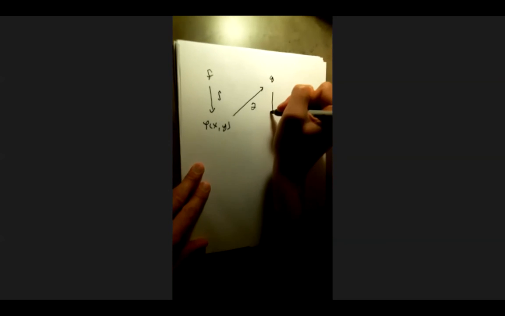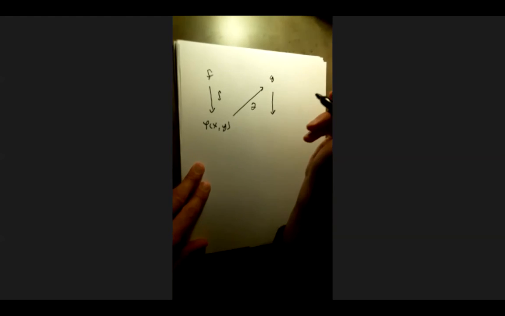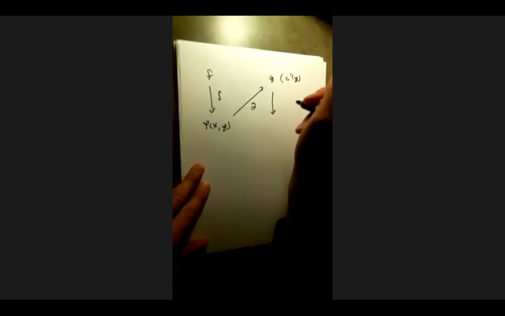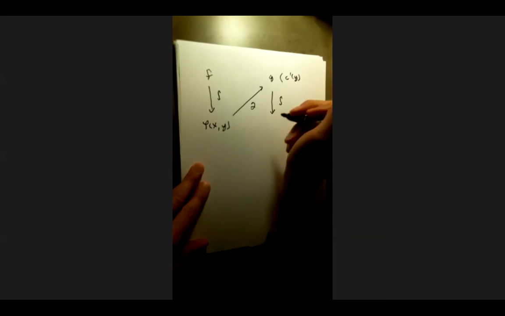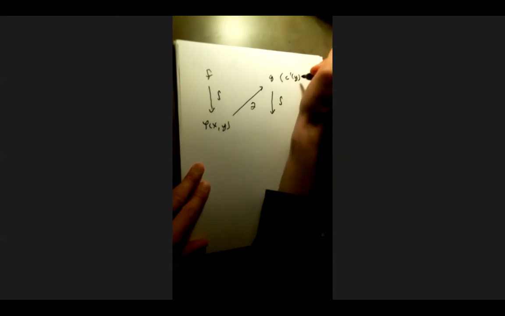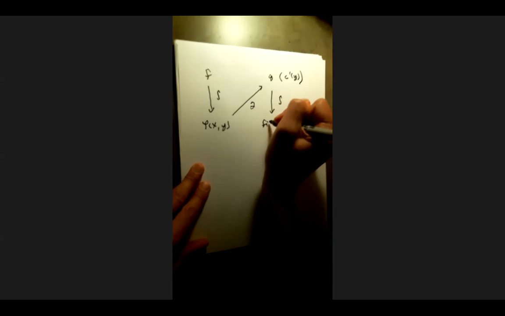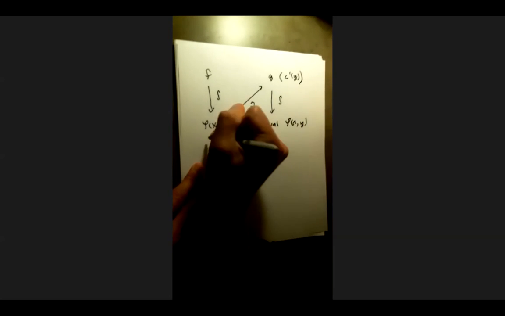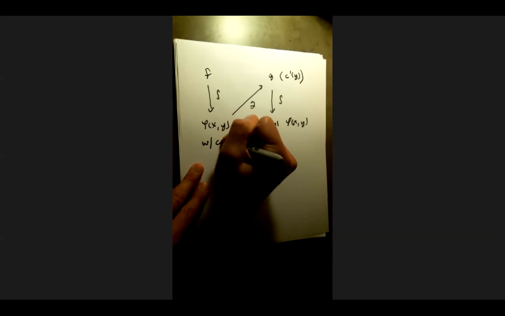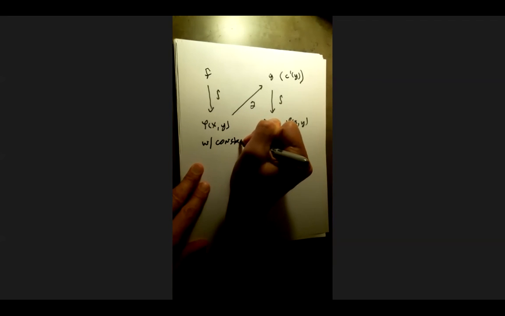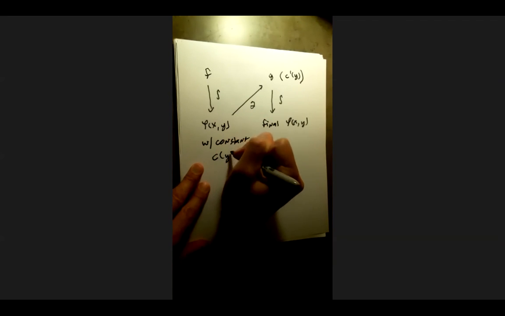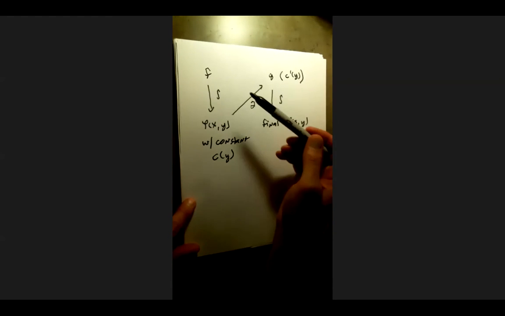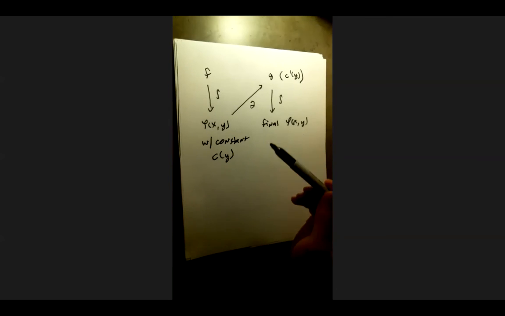And then we integrated, and this also gave us our c prime of y. And then we integrated again, and this got us our final phi. And this first one had the constant c of y. So you integrate, differentiate, integrate. It's like a back and forth process between the two.